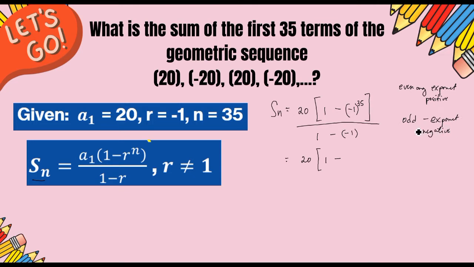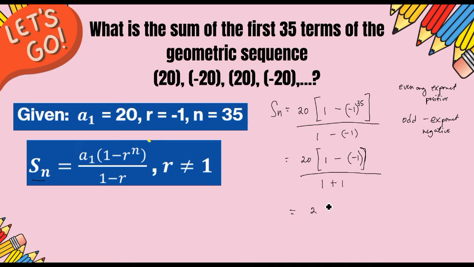So, therefore, since ang ating exponent ay 35 and that is odd, so negative 1 raised to 35, that is also negative 1. Yan. Okay? And then, all over 1, since dalawang negative, negative times negative, magiging positive 1.